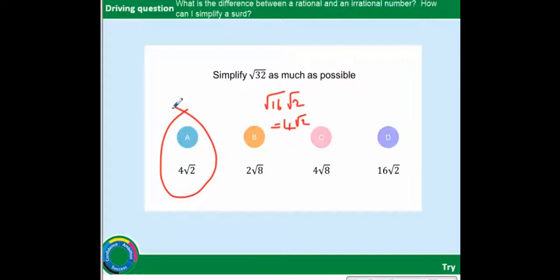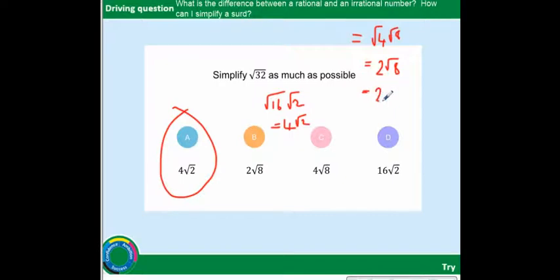Okay, let's just think if you ended up with answer B. Maybe you did root 4 root 8, which gives you 2 root 8, which wouldn't be the correct answer because you can simplify that further.